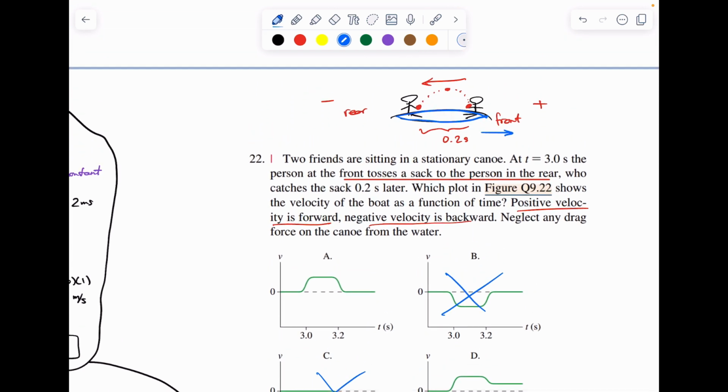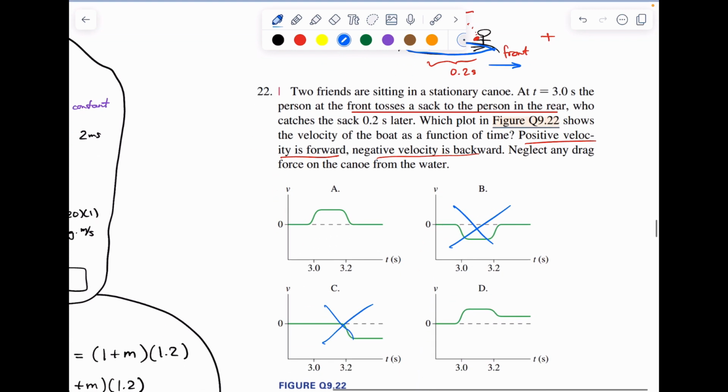And I guess the question is, does the boat go back down to its initial velocity of 0, or does it continue moving at least a little bit even after he catches it? So what is the answer here?